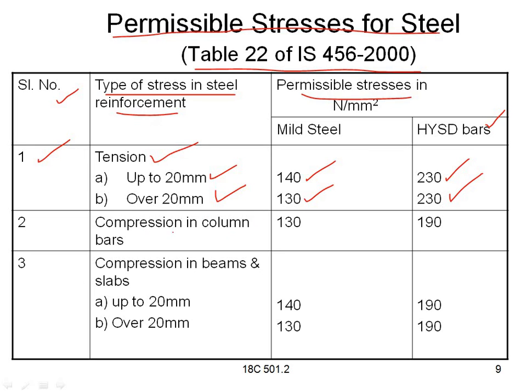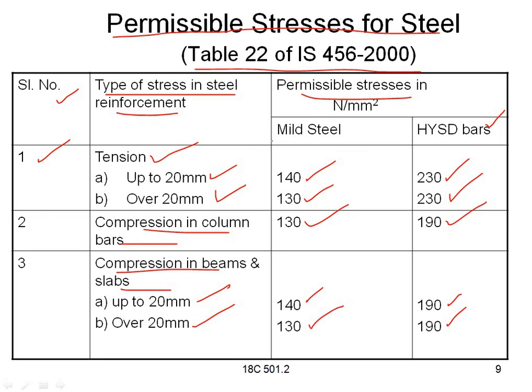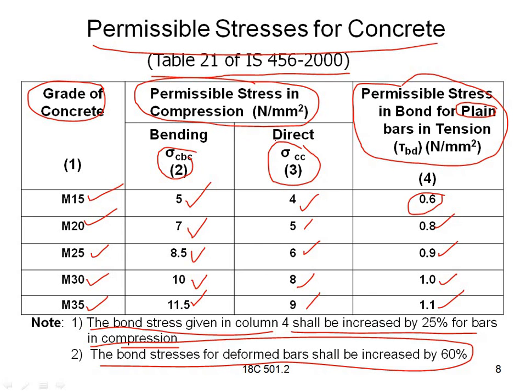Compression in column bars is 130 for mild steel and 190 for HYSD bars. And compression in beams and slabs, up to 20 mm and over 20 mm, is 140 and 130, and 190 and 190. So finally, these are the permissible stresses for concrete and steel.